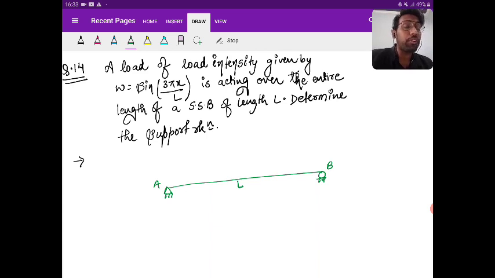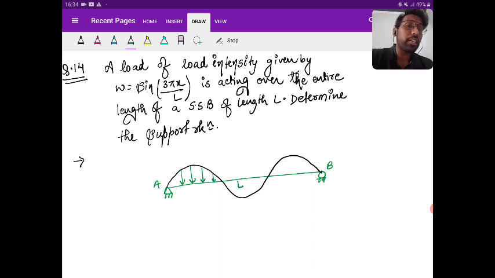So 2 pi I know how to draw, I can draw 3 pi also. Yes or no? So don't you think this will be your loading diagram?